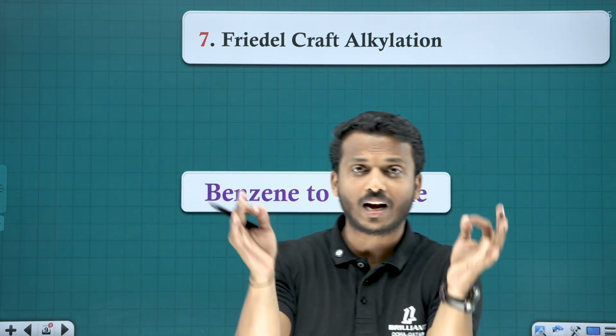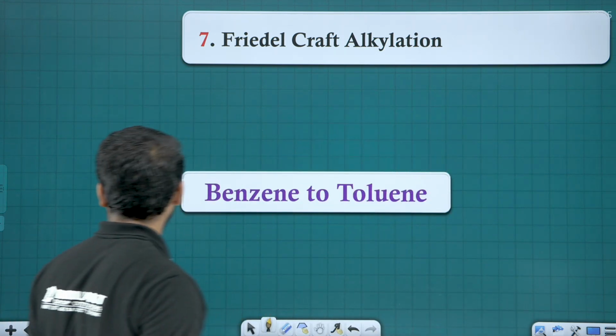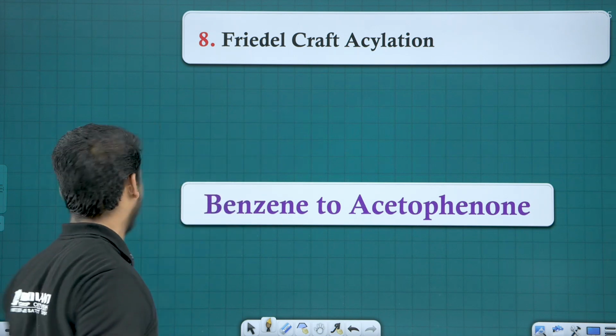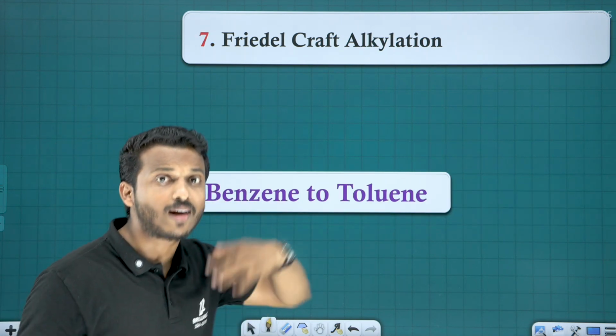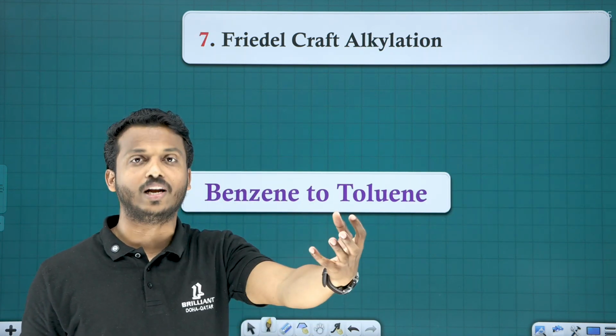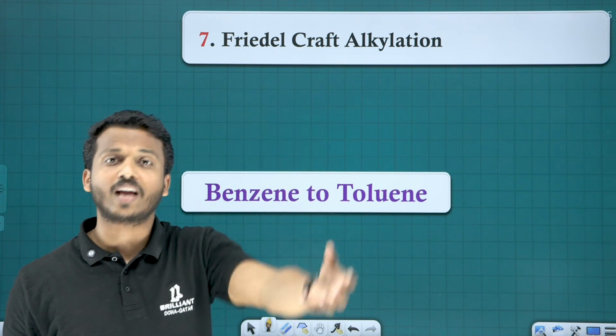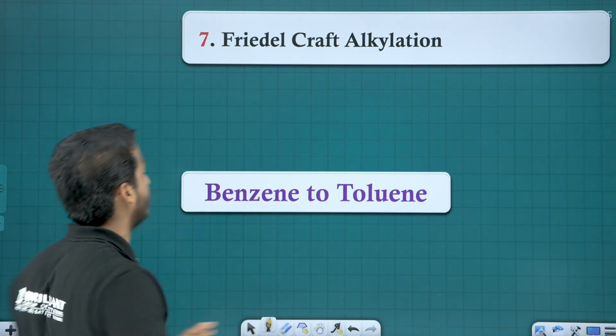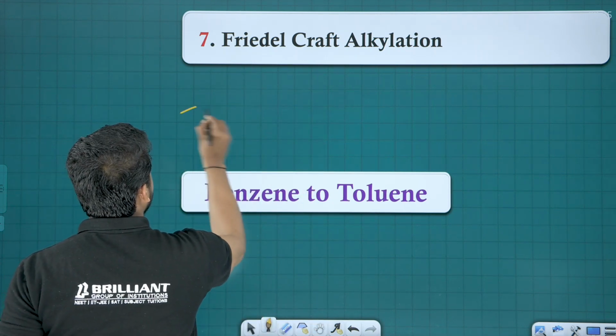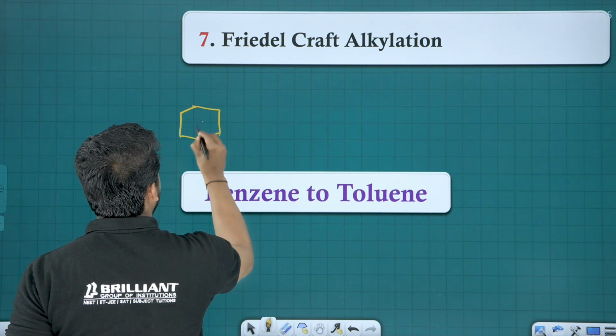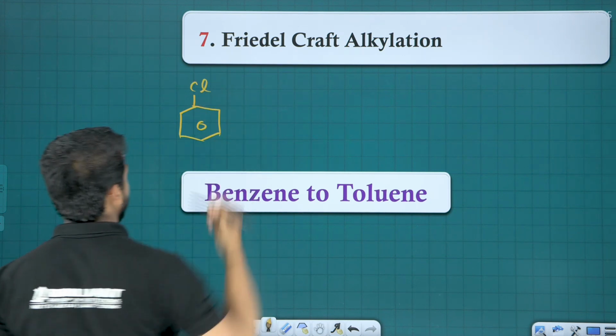What is Friedel-Crafts alkylation and what is Friedel-Crafts acylation? What is Friedel-Crafts alkylation? Addition of alkyl group. We are substituting an alkyl group here. Just carefully, simple reaction. For example, you take chlorobenzene.